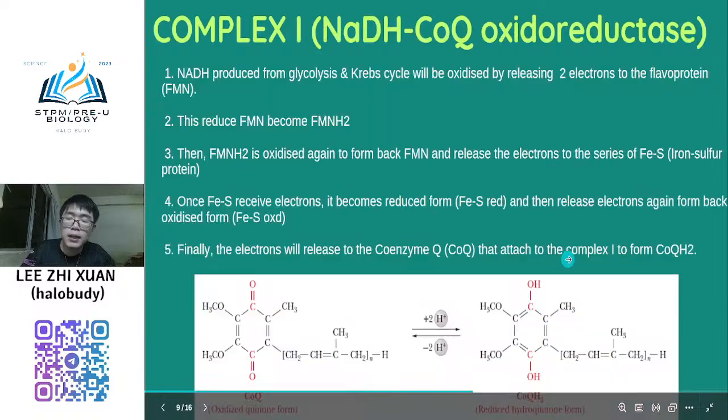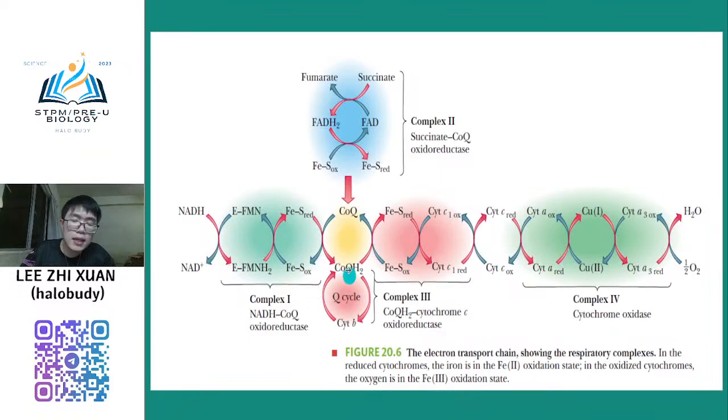Kenapa kami panggil Q cycle here? Kerana coenzyme Q nak receive 2 electron. Dia memang nak 2 electron punya. Macam mana dia nak release 2 electron at one time?